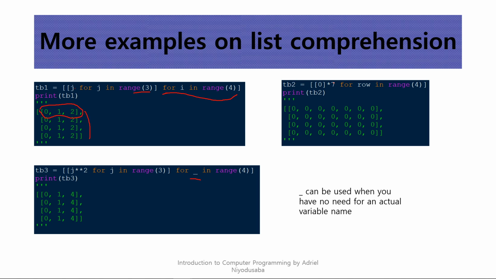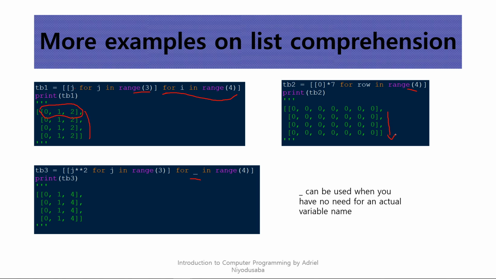And here I did something which is maybe not the standard way of writing list comprehension, but if I wanted a matrix of just zeros, I could create one small list which has just one item of 0, multiply it by the number of zeros I want inside my row, and then I will do that for every number in the range of 4, and it will create 4 rows.